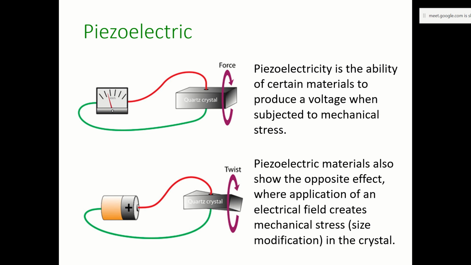So moving ahead, after discussion of dielectric materials, we can talk about piezoelectric. Piezo is a word that comes from the Greek piezo, which means to press. So when you apply force on this, twist it, you will get some current generated.